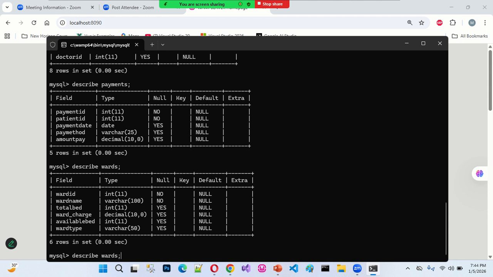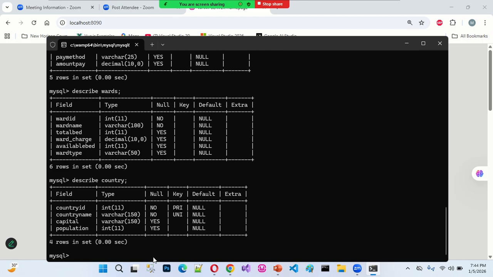So let me also describe country. Country is another table we created, and this shows how to add a primary key constraint, and at the same time how we can also add the unique key constraint to the country table. You can see now that is it. And today we are going to continue from there.